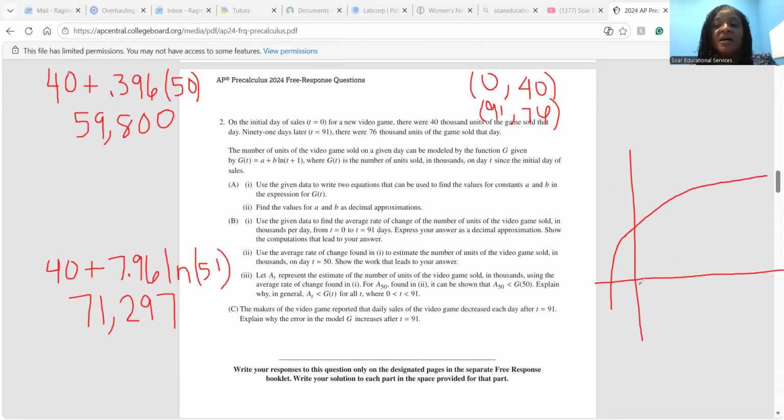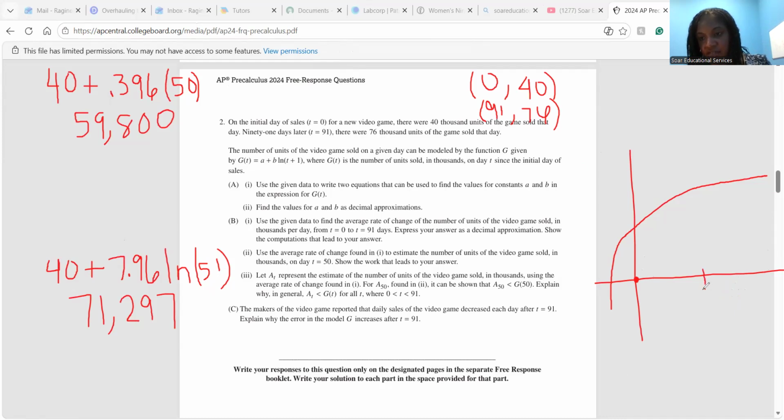In our particular scenario, let's say this is day 50, according to our natural log graph, it would be right here, 71,000. But now, if you really look at that average rate of change, and I really don't have a lot of space, let's try moving day 50 a little bit just to give more space and show my point.